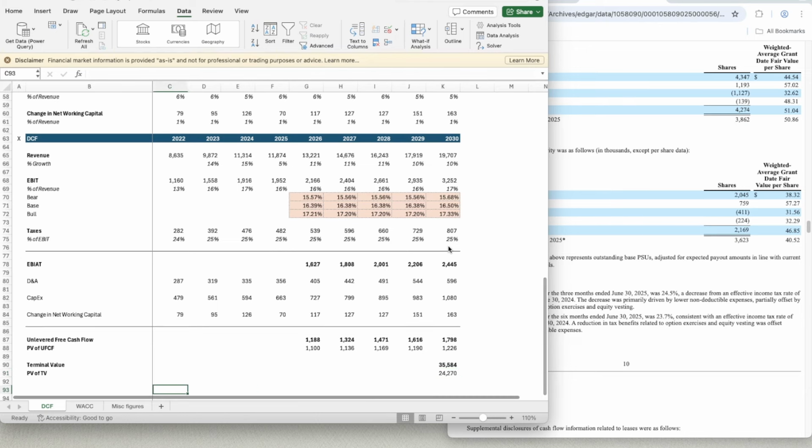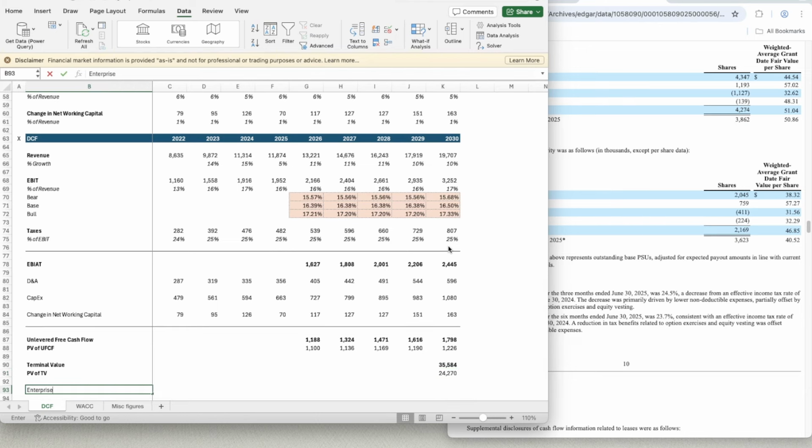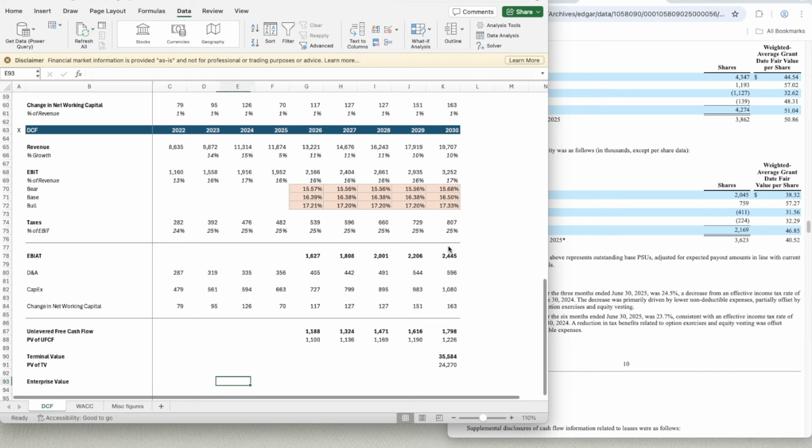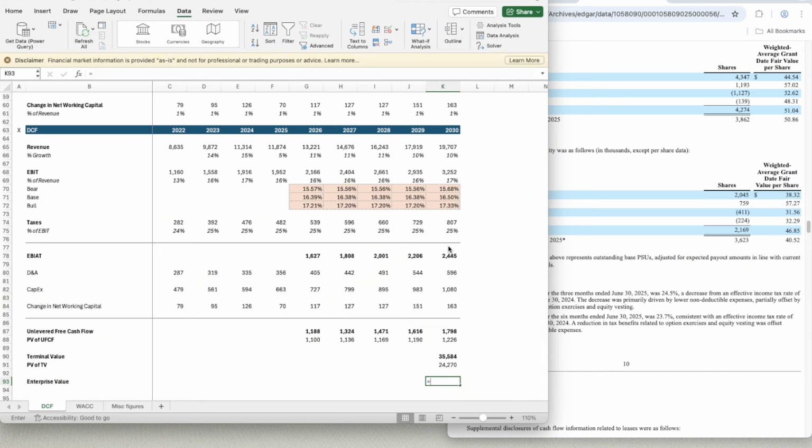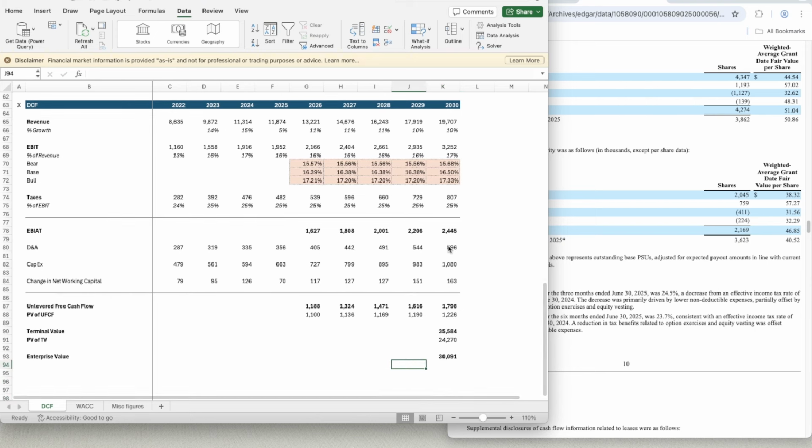And now we have that, we want to find the enterprise value. And this is done by taking the sum of the present value of the terminal value plus the sum of the present value of the unlevered free cash flows that we forecasted. And so this gives us an enterprise value of just over 30 billion.